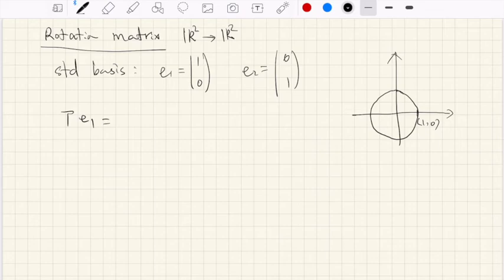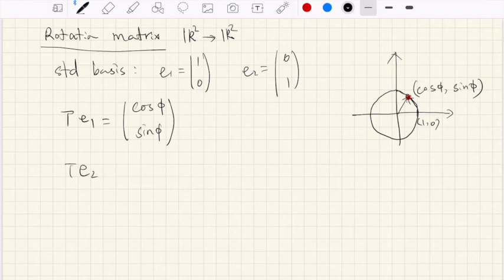After rotating by phi like this, the new point ends up here. And from trigonometric function knowledge, this is cosine phi and sine phi. So that gives me the coordinate (cosine phi, sine phi).